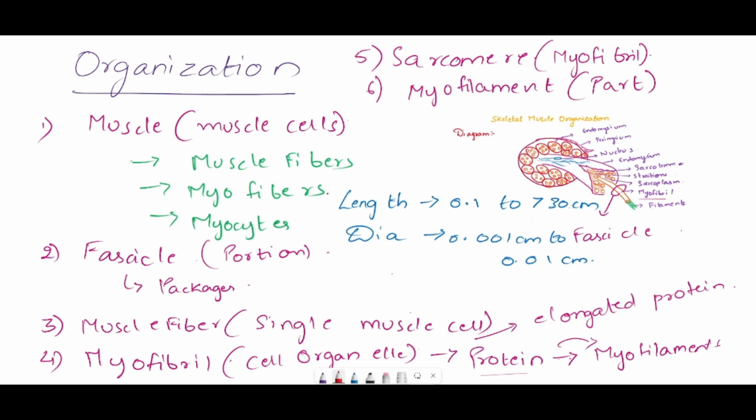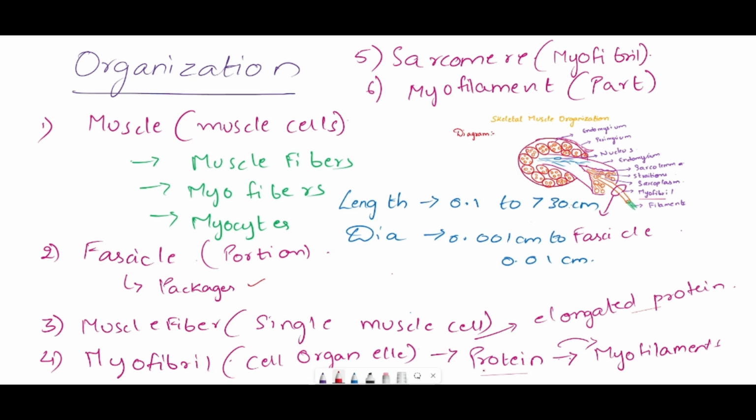The second point here is the fascicle. Fascicle is simply a portion of muscle. That means it has the packages of muscle cells. Next one is muscle fiber. Muscle fiber is a single muscle cell. Next one is myofibril. Myofibril is a cell organelle of muscle, and it is also called an elongated protein molecule.